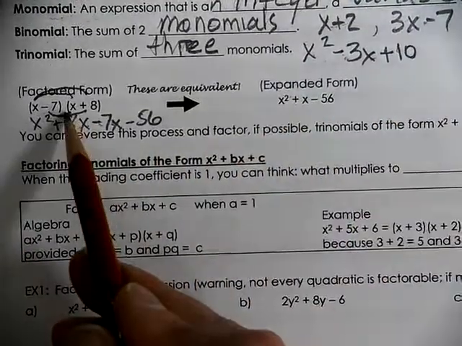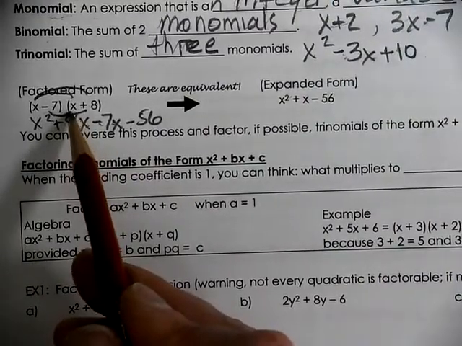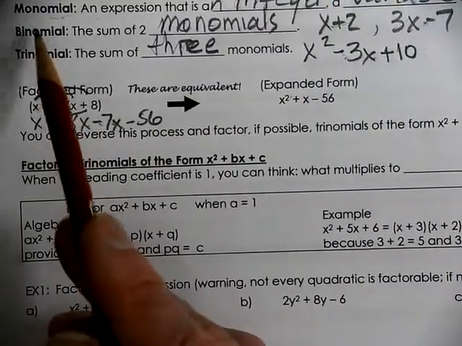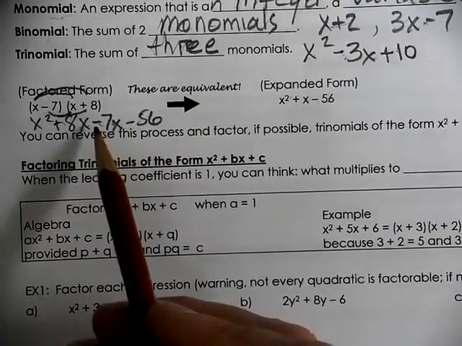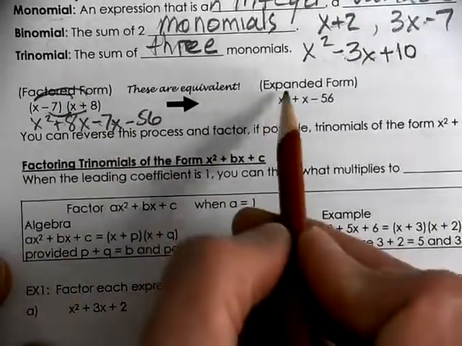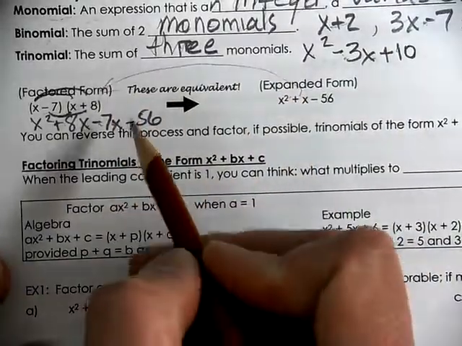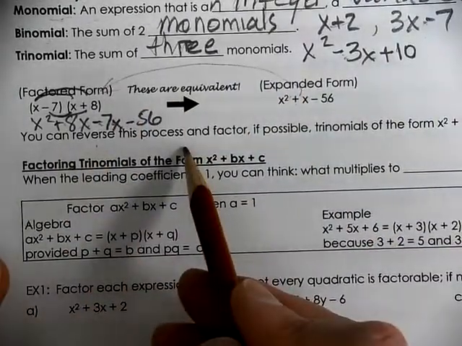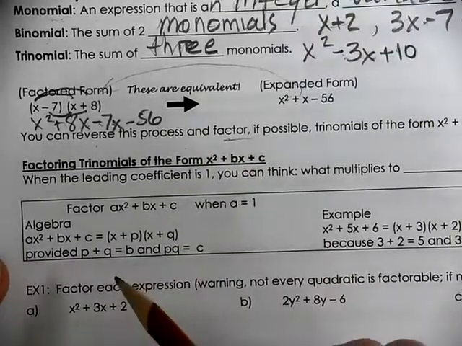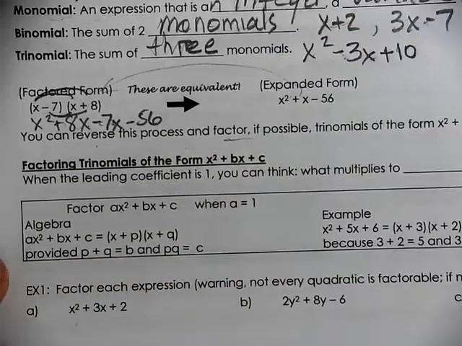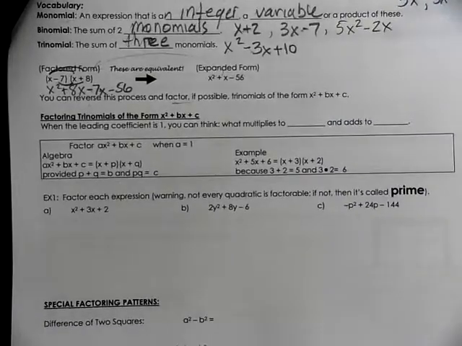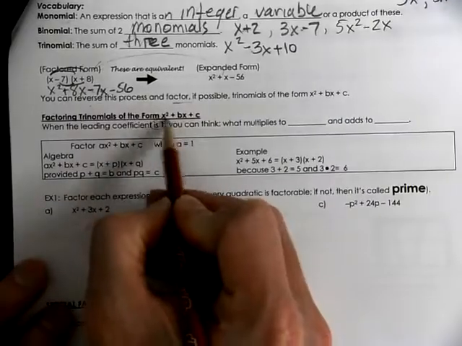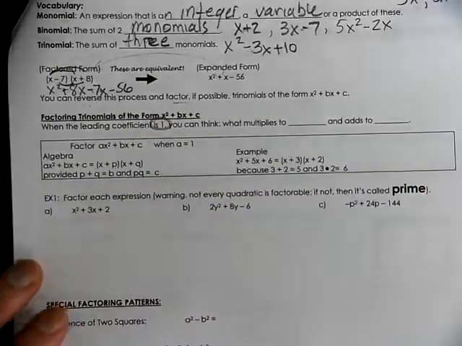That came from multiplying two binomials together. We've done that before. But now we're going to go the other way. We can reverse this process and we're going to factor. What we're going to be looking for is what is the coefficient out in front.